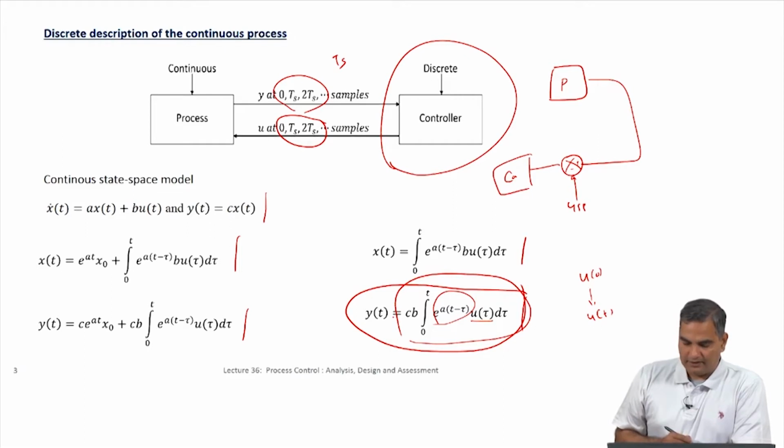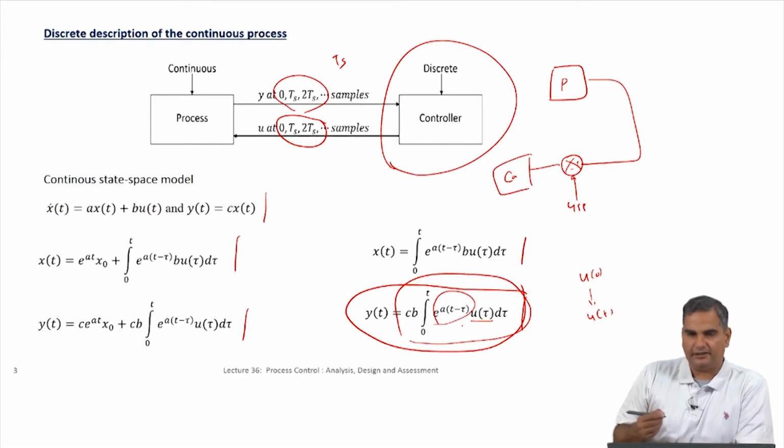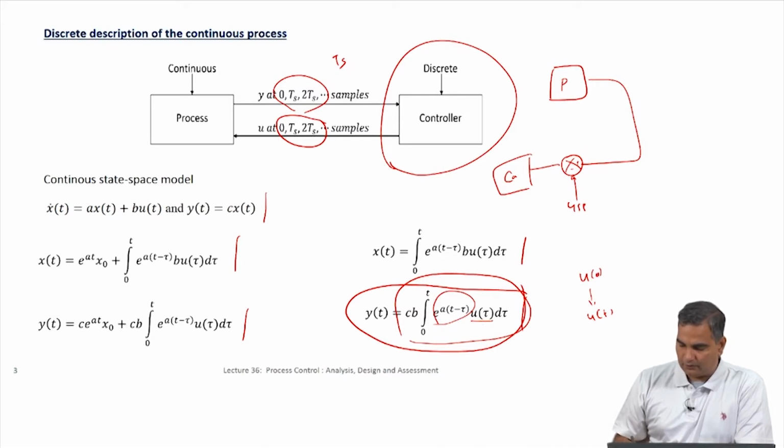What this says is, if you look at this integral and think of integration as a sum, then since tau goes from 0 to t, u of tau goes from 0 to t. If you think of this as a sum, u of 0 is multiplied by some number here, the next u will be multiplied by some number here, and so on.